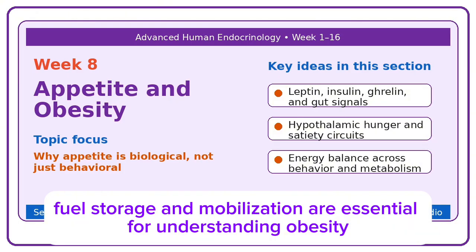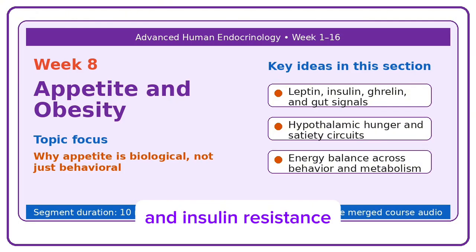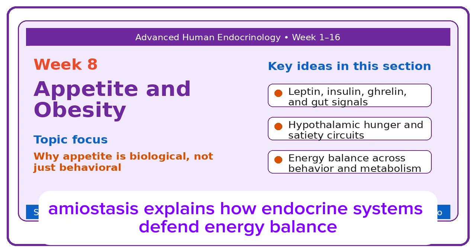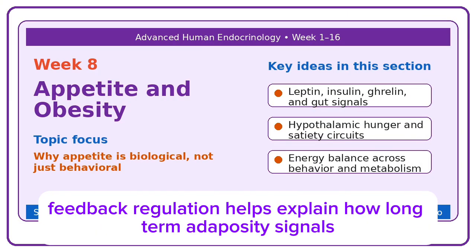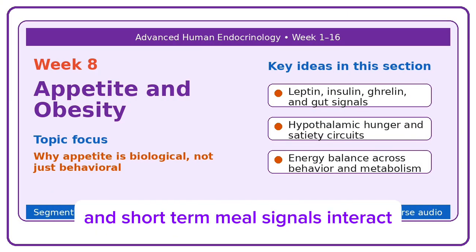Fuel storage and mobilization are essential for understanding obesity and insulin resistance. Homeostasis explains how endocrine systems defend energy balance and why chronic dysregulation is difficult to reverse. Feedback regulation helps explain how long-term adiposity signals and short-term meal signals interact.